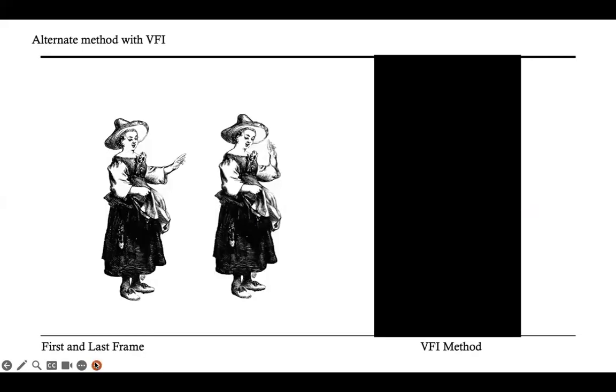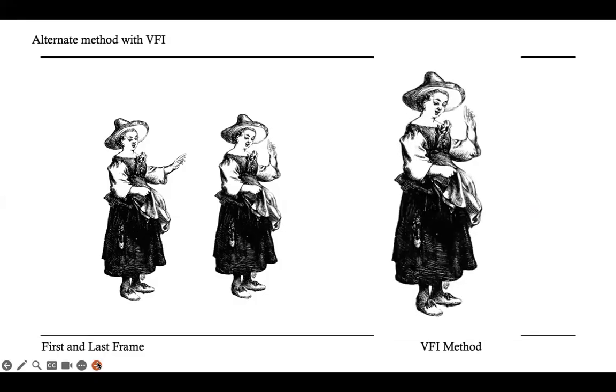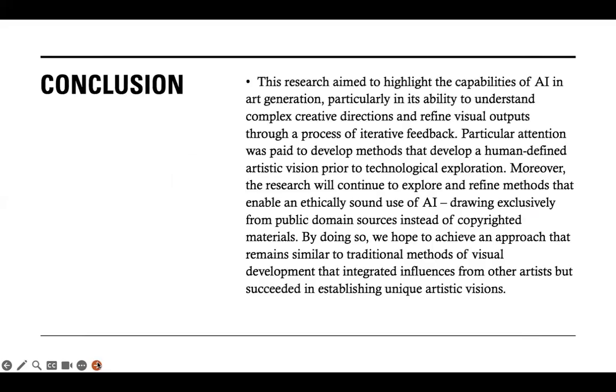So maybe we won't continue with this VFI method here. And we will also try to find new imaginative ways to use AI to create animations that more closely and authentically represent the stylization traits of the original illustrations.